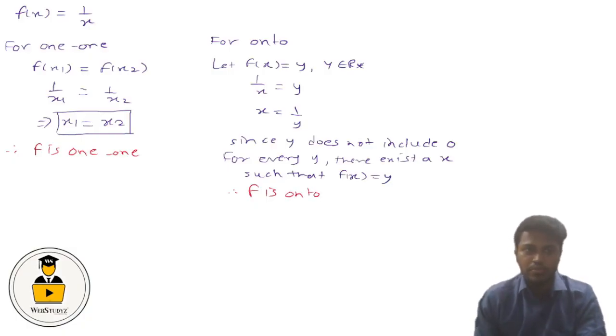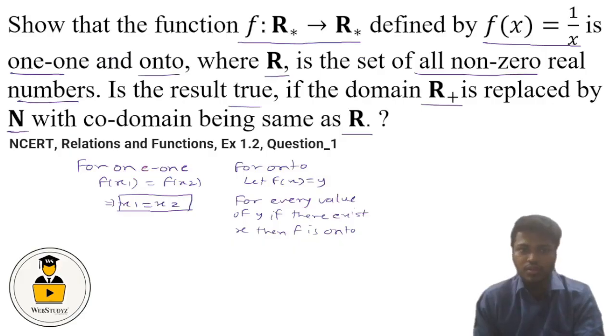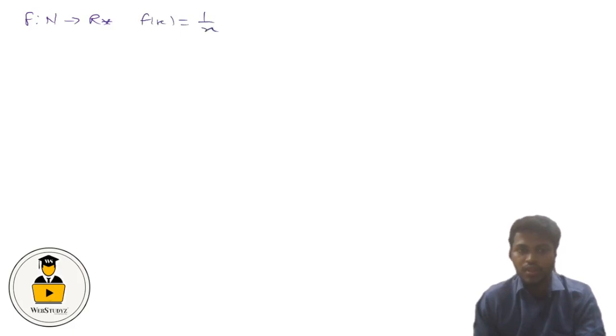Now, the second part of the question asks whether the result will be true if we replace the domain with natural numbers and the codomain being the same. So for the next part, our domain changes from R star to natural numbers. So we have to check whether the function will remain 1 to 1 and onto or not.